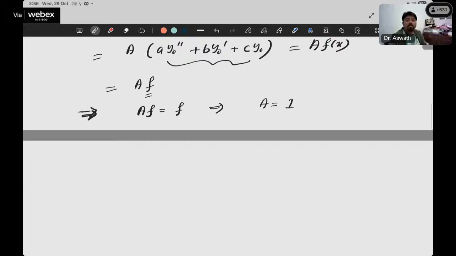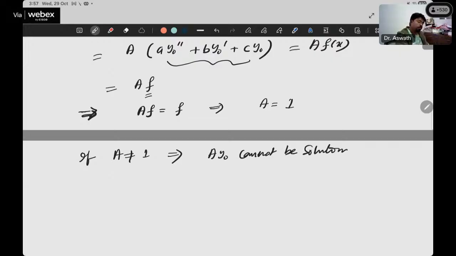If a is not equal to 1, then a into y naught cannot be a solution for the non-homogeneous DE. So you should know some other way of finding a solution in this case.